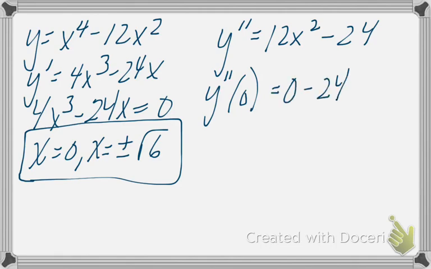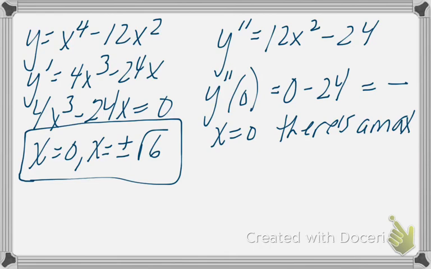You don't even care what the number is, you just want to know if it's positive or negative. And this is clearly negative. So therefore, at x equals 0, there's a max, because if the second derivative is less than 0, remember it's the opposite, then there's a max. So that's one answer.